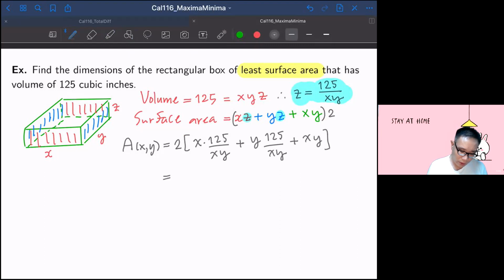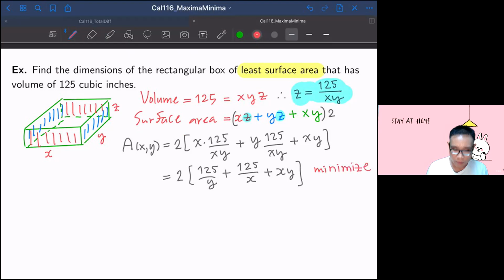So this will be 2 times 125 over y, plus 125 over x, plus xy. This is the function that you have for A(x,y), and you would like to find the minimum for the surface area. So you need to minimize this.